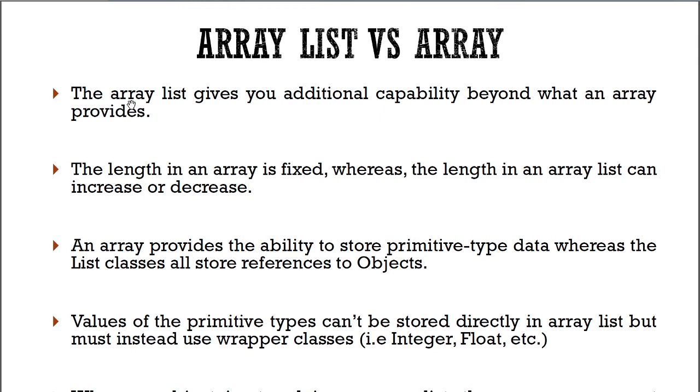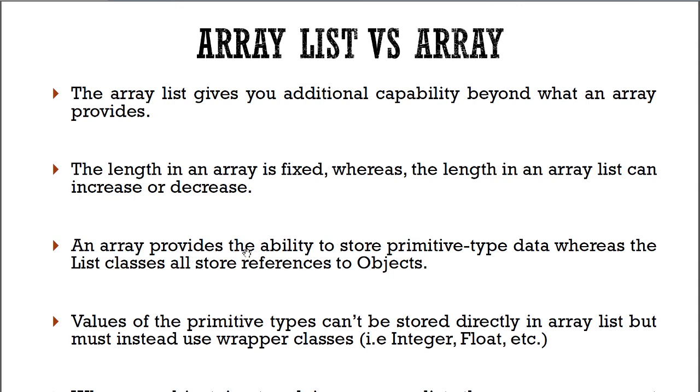The first one, the array list gives you additional capability. It has extra advantages compared to array. The length of an array is fixed. Let's say you declare an integer array x with size 10, so the size is always 10. You cannot increase or decrease the size. So the size is not dynamic for array, but for the array list data structure, the size can be dynamic.